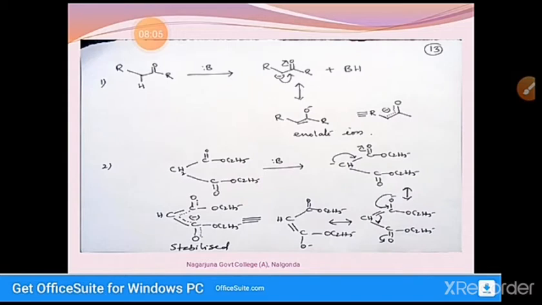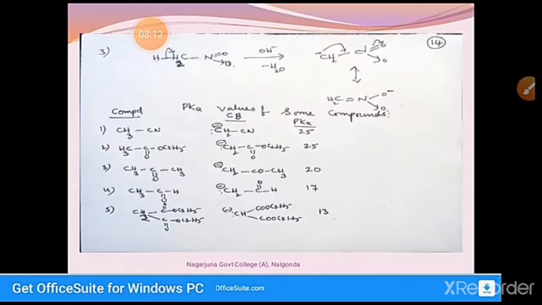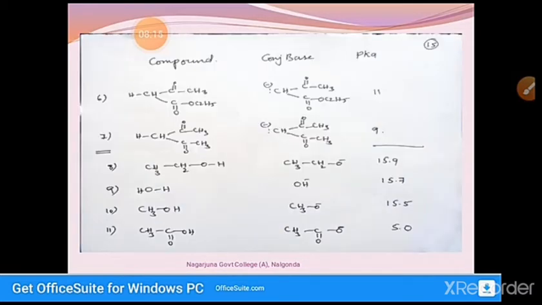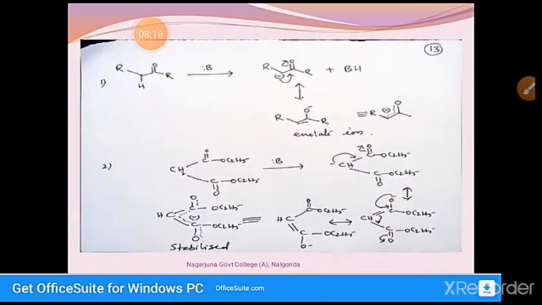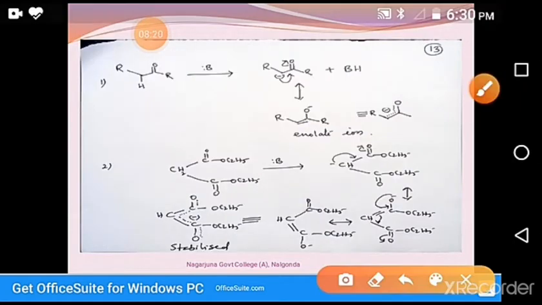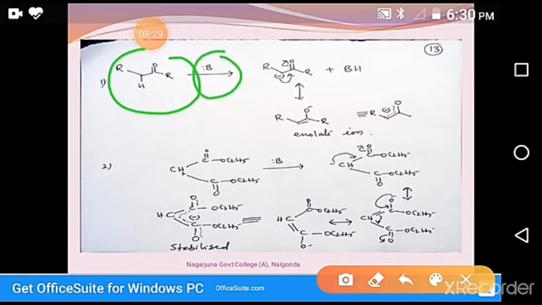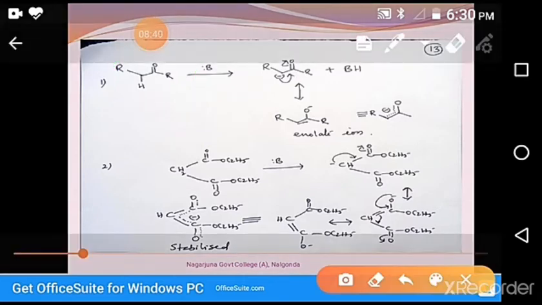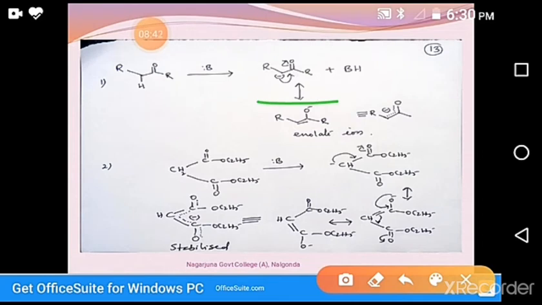You see in this, this is a carbonyl compound. In the presence of a base, it abstracts a proton from this compound, forming a carbanion. This is stabilized by resonance.